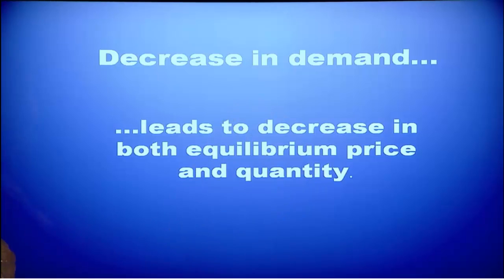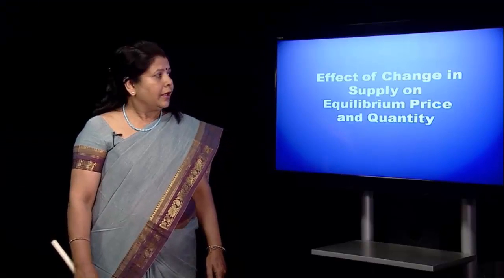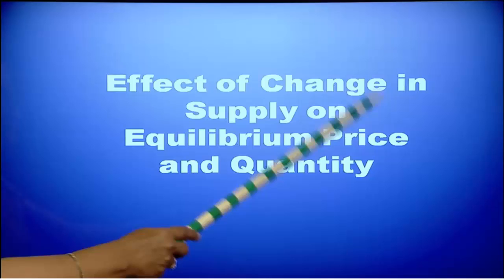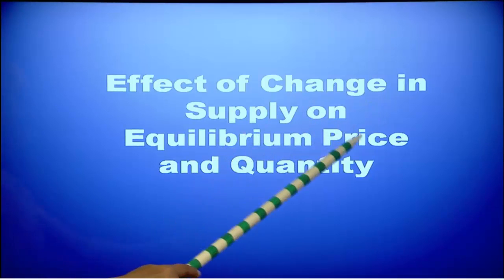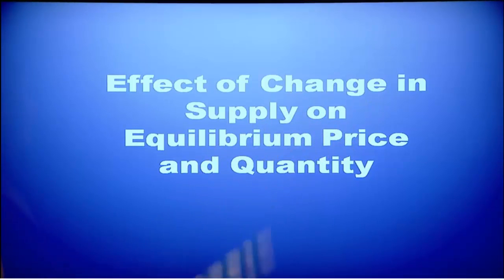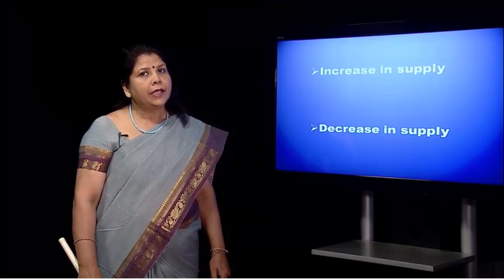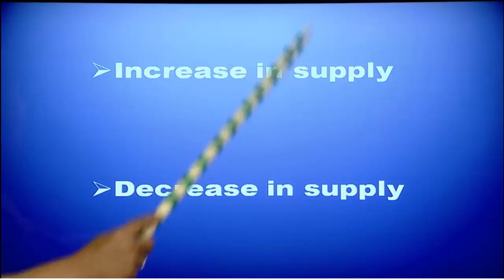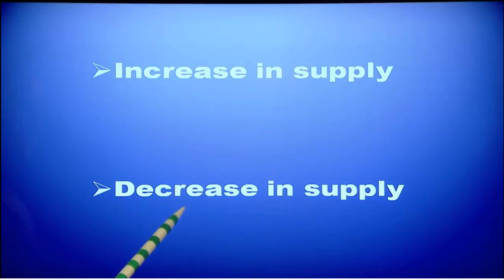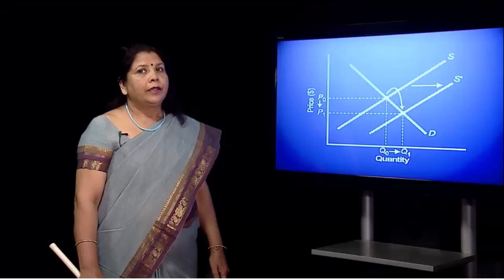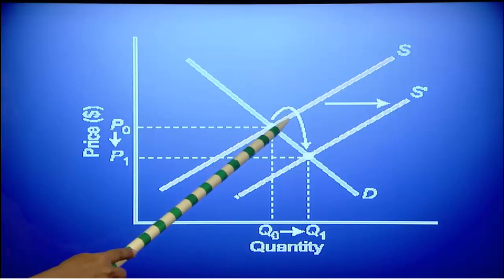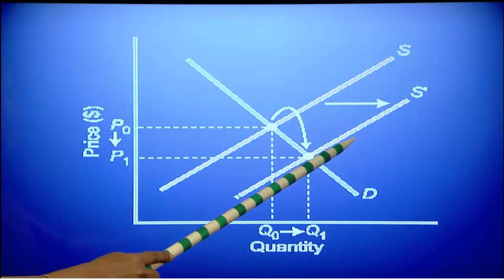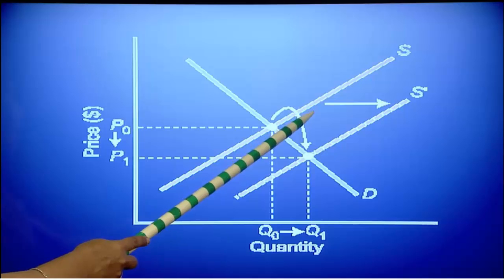Let us now look at the effect of change in supply on equilibrium price and quantity. Again, the same two situations, increase in supply wherein the supply curve will shift outwards and decrease in supply wherein the supply curve will shift inwards. Here is the diagram showing, yes, increase in supply because the supply curve has shifted outwards.